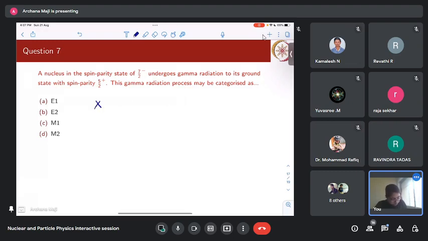So a nucleus X in the excited state undergoes gamma decay. The excited state nucleus is 7/2 minus, and in the ground state it is 5/2 plus.